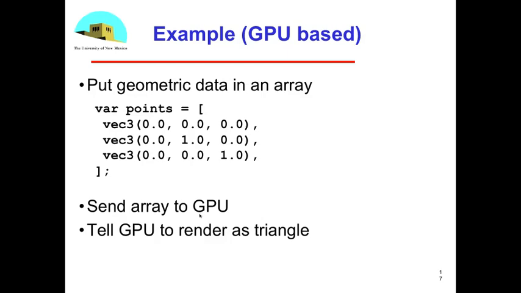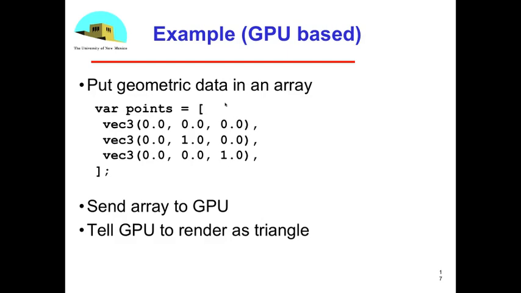Now, still, I'm not going to see anything because there's a third step, which is very simple. I tell the GPU, you now render that data that I put in that buffer. So it's kind of a 3 or 4 step process. The fourth step would be, well, what about the shaders? I haven't talked to you about how we define our shaders. That'll be in the next couple of lectures too.